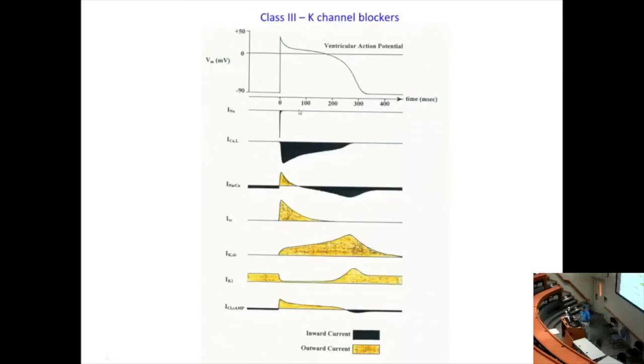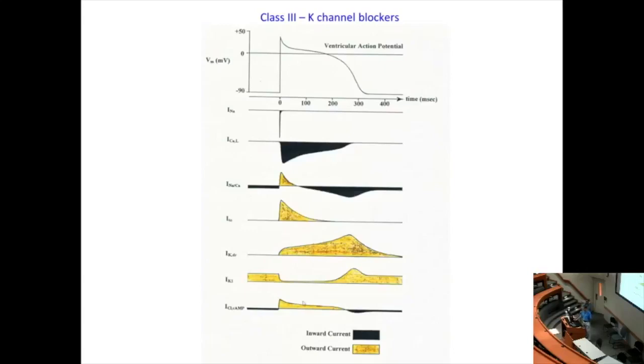And during phase 2, in particular, the plateau phase, that's opposed by positive influx through the sodium-calcium exchanger, 3 sodiums in, 1 calcium out, and through the calcium channel. And we're going to talk about calcium channel blockers a little bit later. The calcium channel is trying to keep you depolarized. So you've got a tug of war going on.